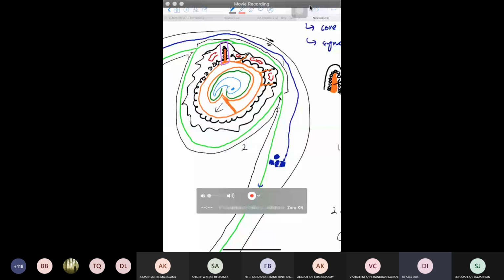So it cannot burrow deeper inside the myometrium. All it can do is go outwards, and what it does is stretch out all your cytotrophoblasts and syncytiotrophoblasts.